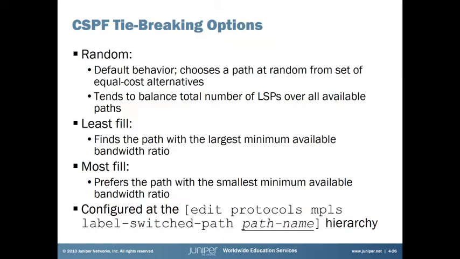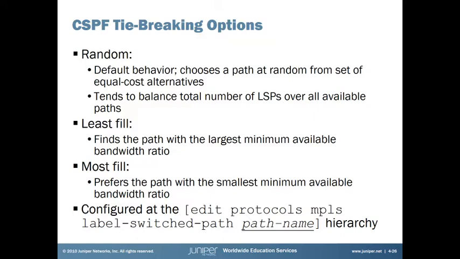So maybe that's our goal. With the least filled, what we're trying to do is balance the load over our entire topology. So we have these options, with random being the default.